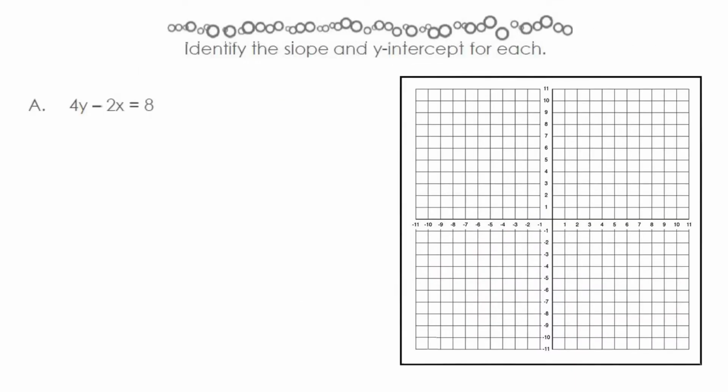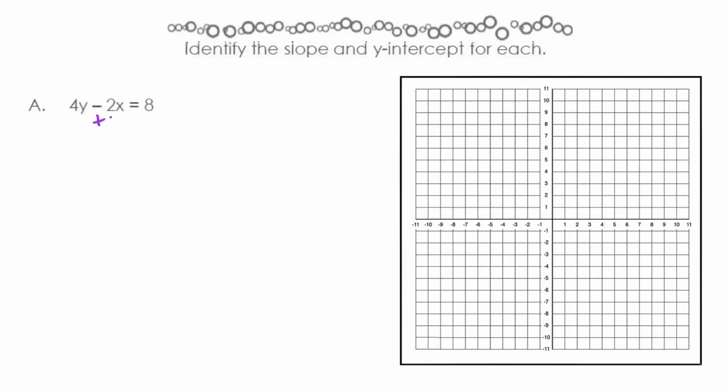Another example, identify the slope and y-intercept for each. So in this equation, we have 4y minus 2x is equal to 8. So what I'm going to first do is get it into y equals mx plus b form.